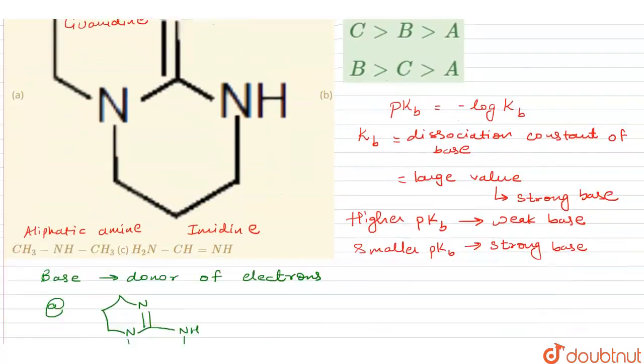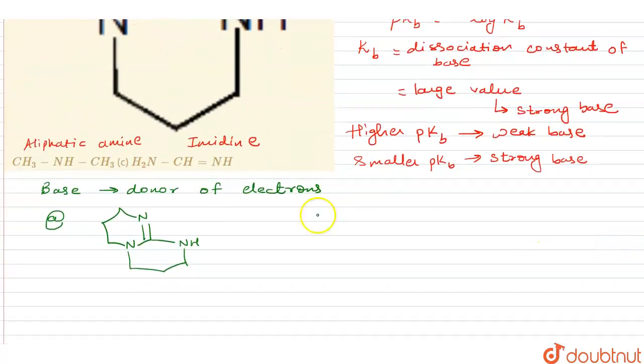So these 2 are the rings present, and in this case, definitely we can look out for a resonating structure of this particular structure. These 3 atoms, that is nitrogen, carbon and NH part, would undergo a kind of rearrangement, a tautomerization, due to which I would be getting a resonating structure as follows.